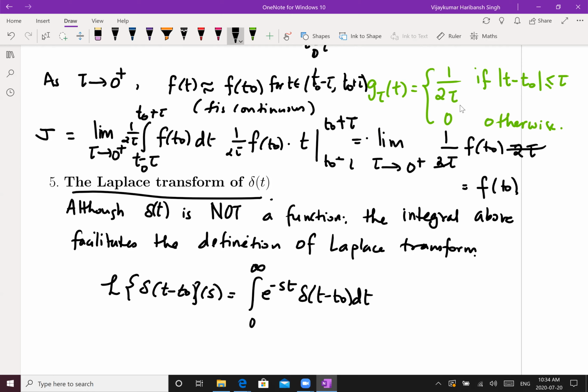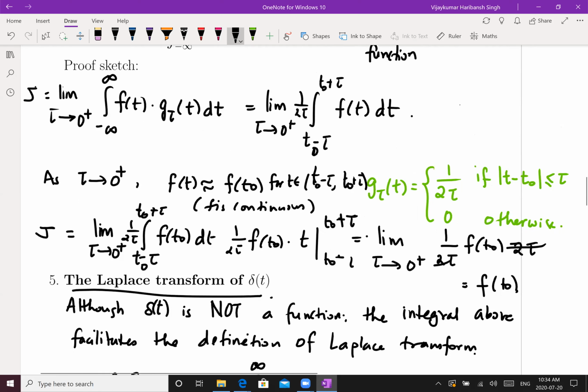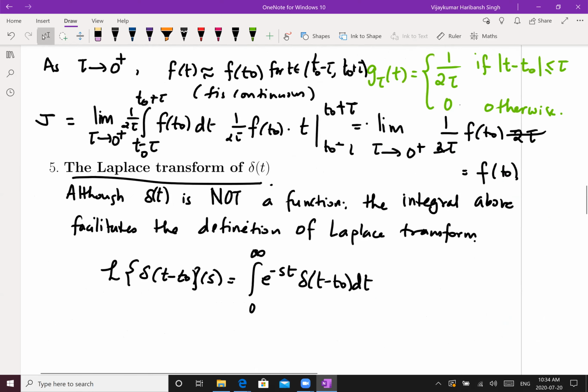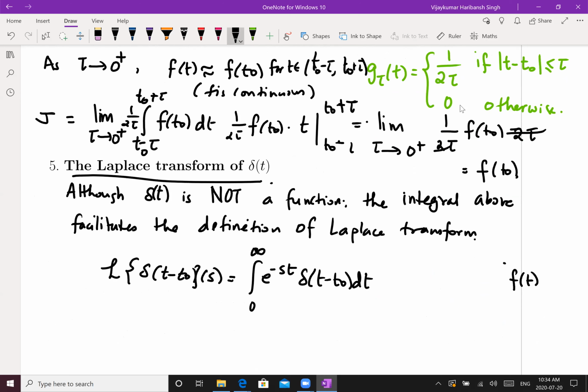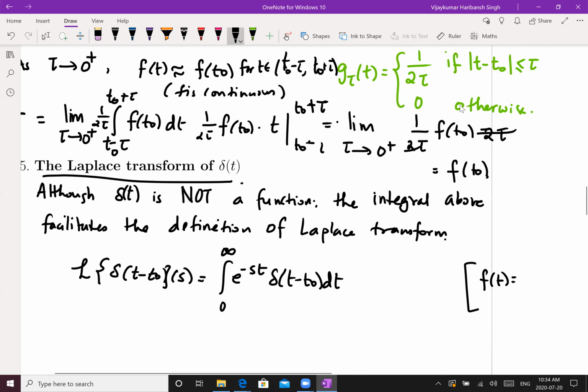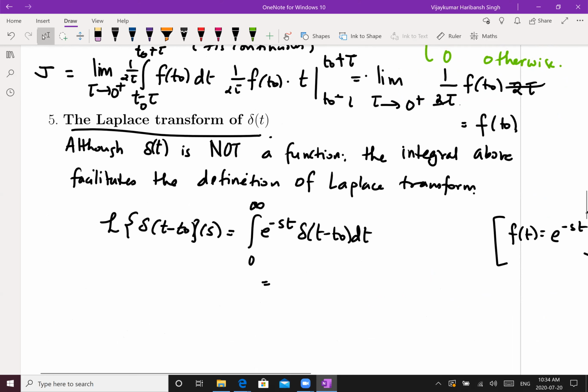Now in this case, your f of t is e to the power minus st. So from above, I can write it as the integral from minus infinity to infinity, because it's 0 otherwise, of f of t delta of t minus t naught dt.